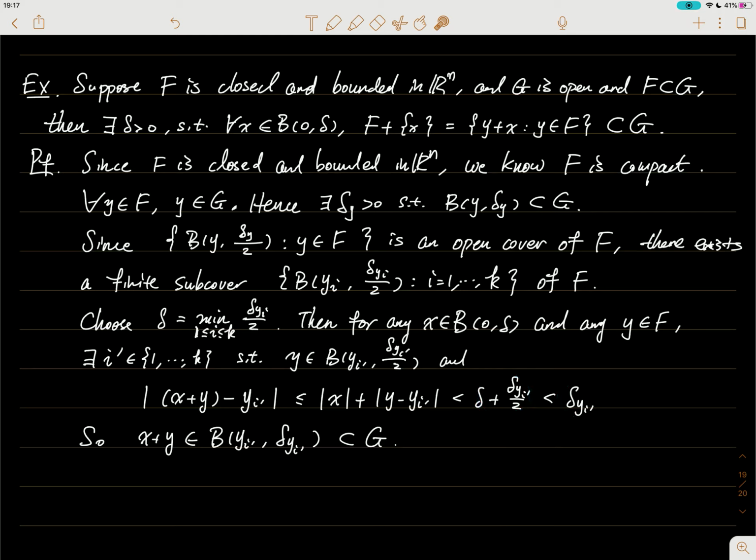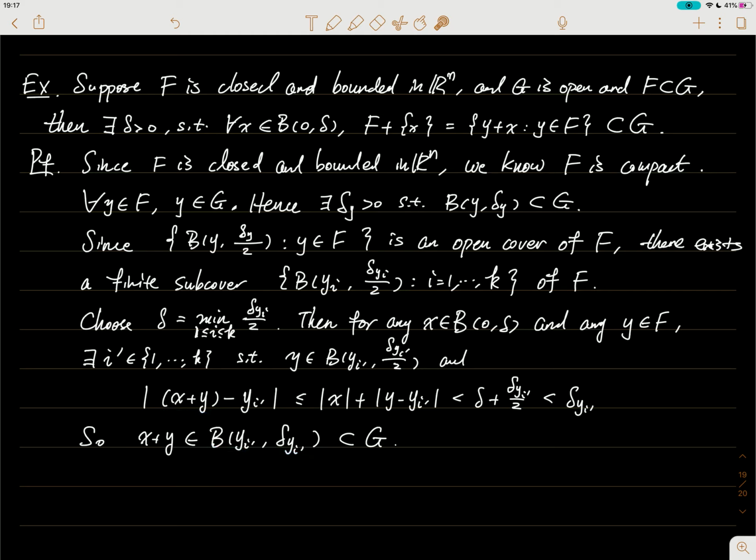So what I showed here is that for any x in this ball and any y in the set, I can find some y_i' such that their distance is less than delta_{y_i'}. That also means that x plus y is inside the ball centered at y_i' with radius delta_{y_i'}.